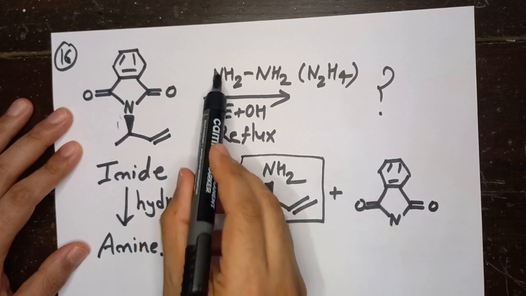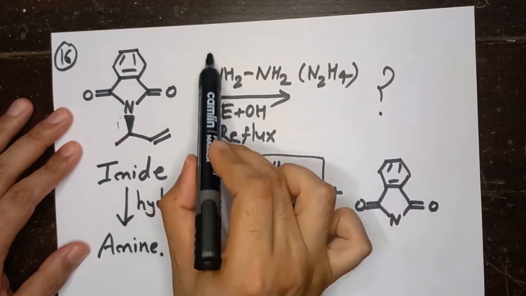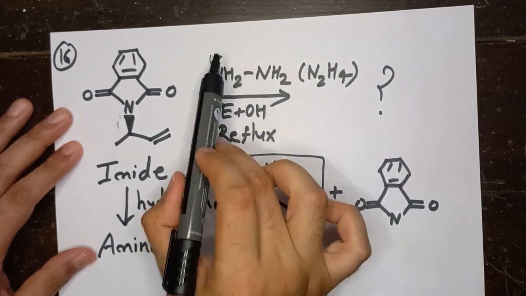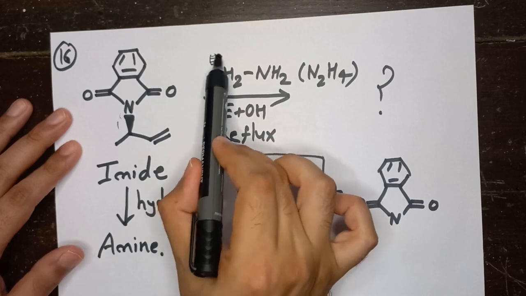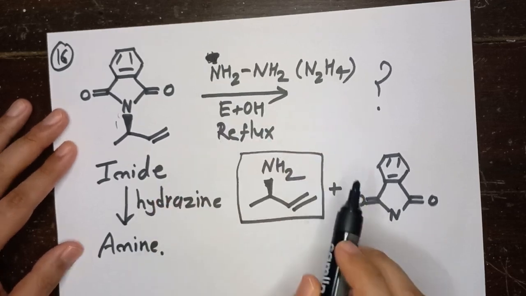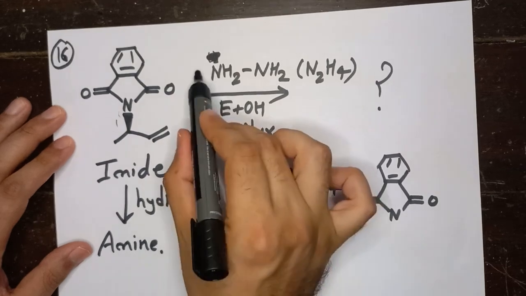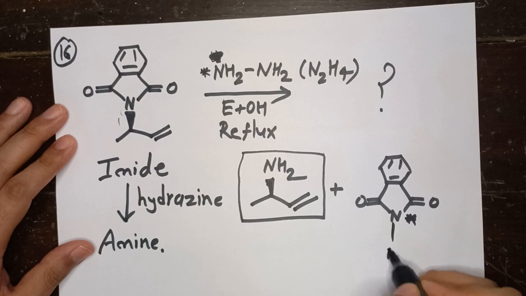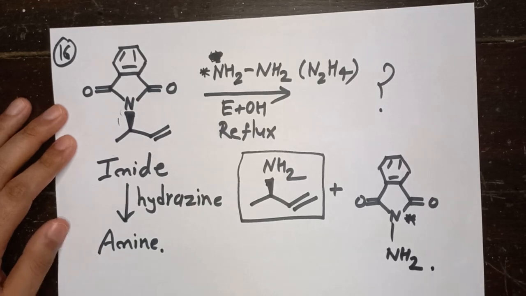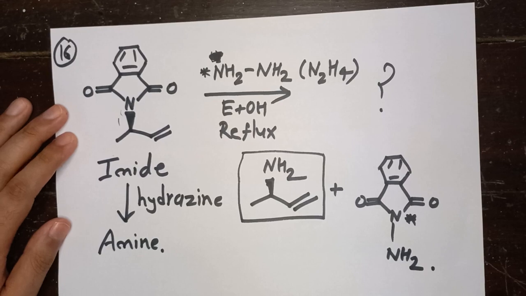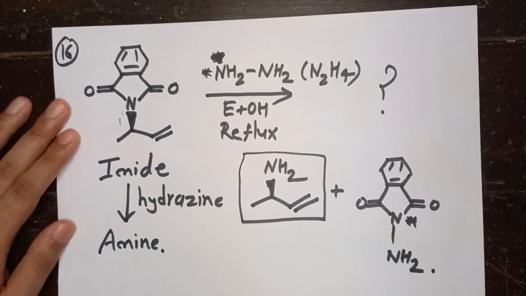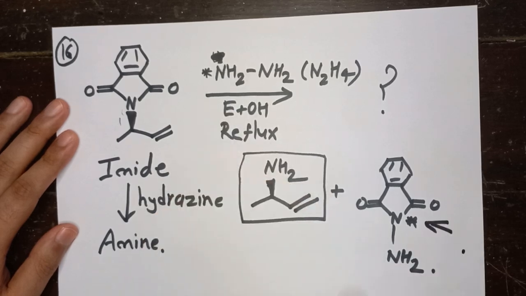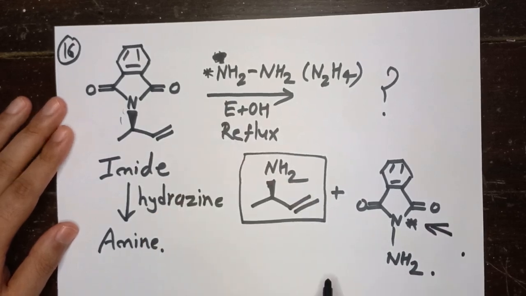So now this nitrogen, let me label it as a star group. So this nitrogen is star, and here we have NH2. So this can also be used for isotopic labeling, where you isotope label your nitrogen and you can track them to confirm your reaction mechanism.